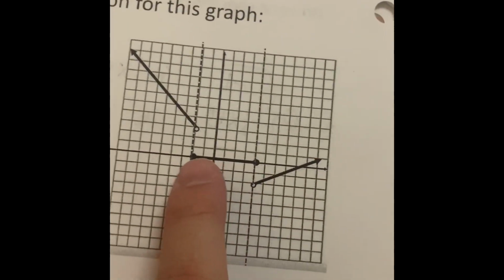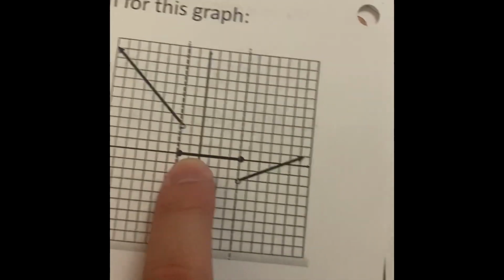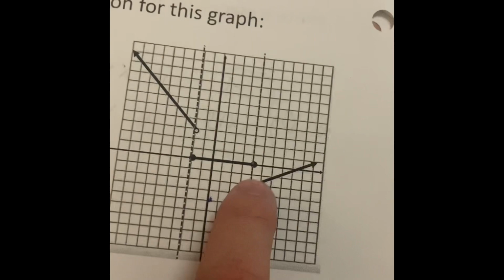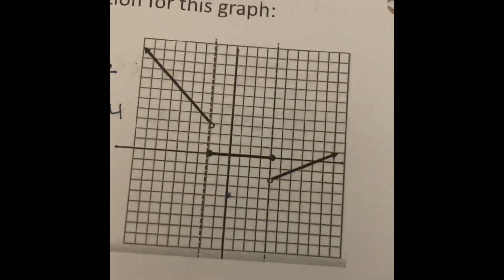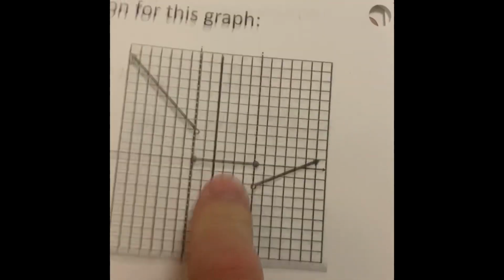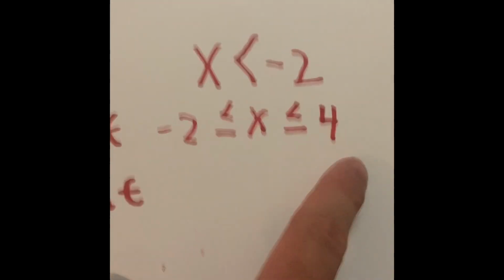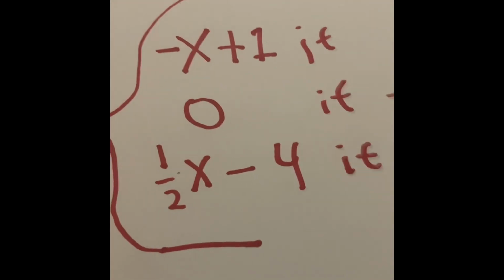That tells you that x is allowed to be on the dots. So any number in that range helps you unlock the rule for this, and it helps you do 0 when you're trying to solve.